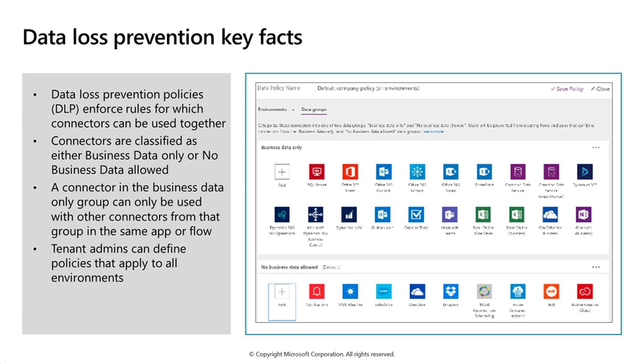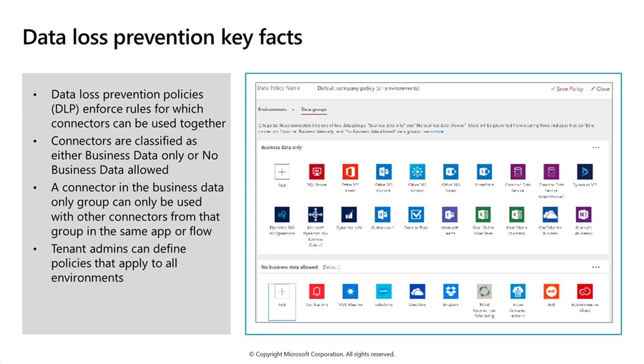Worse, a connector can be banned from the company. But if the company didn't activate the data loss prevention, they will not be able to segregate the data. So data loss prevention will be the best way to let the tenant admin define the policies for some or all of the environments.